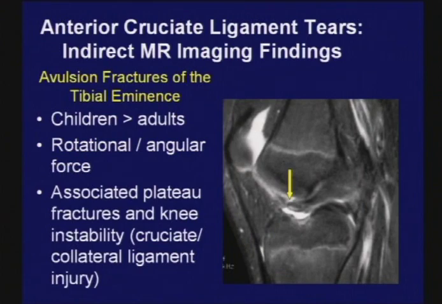The second avulsion I would talk about is the avulsion of the intercondylar eminence of the tibia. This injury is seen more commonly in children than in adults, and is said to be related mainly to rotational force. There are a number of other things that occur. Now, we typically think of when ligaments avulse bone like this, and this is from the anterior cruciate ligament, that's the point of failure.